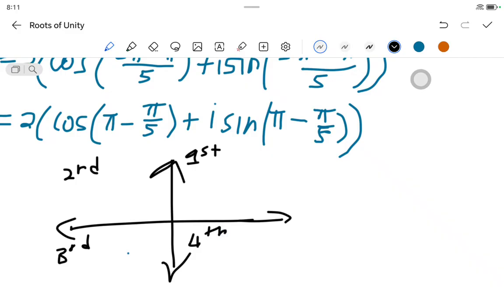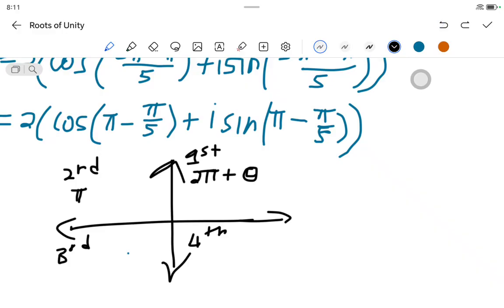Here we have 2 pi plus theta, pi plus theta.